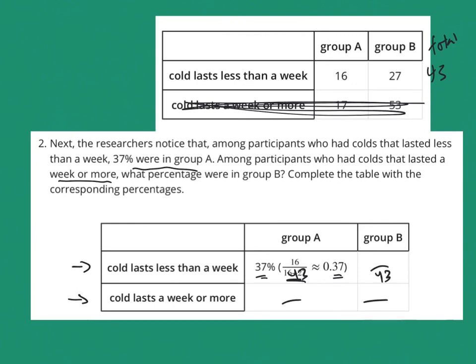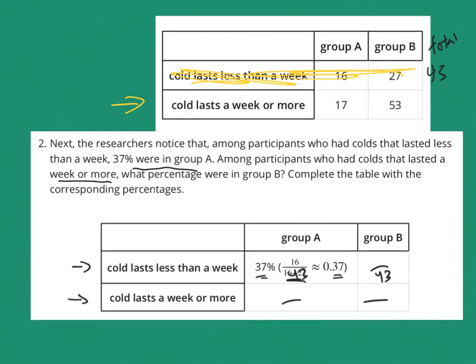What's that going to be? That's focusing on only the colds that lasted a week or more. So I'm going to scratch this out and think about the 70 people that represents. So I got the 70 and the 70. Now I'm thinking horizontally. So obviously the next scenario is probably going to focus vertically. I'm just guessing.